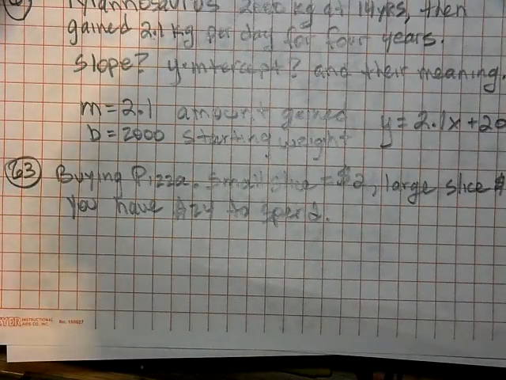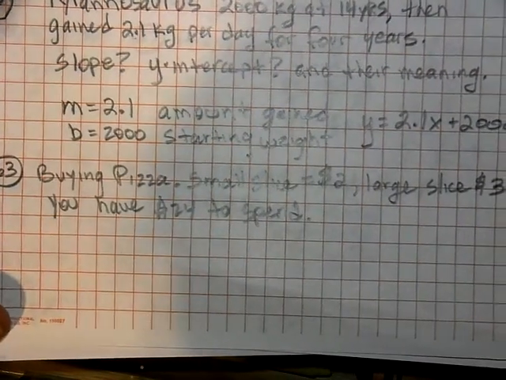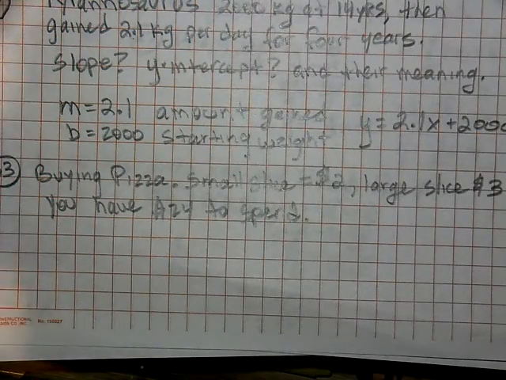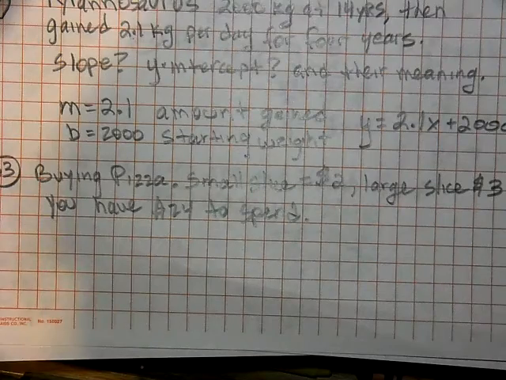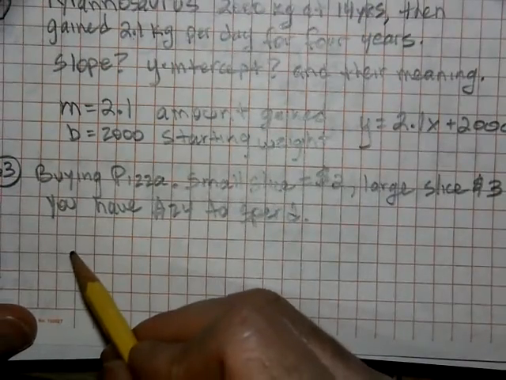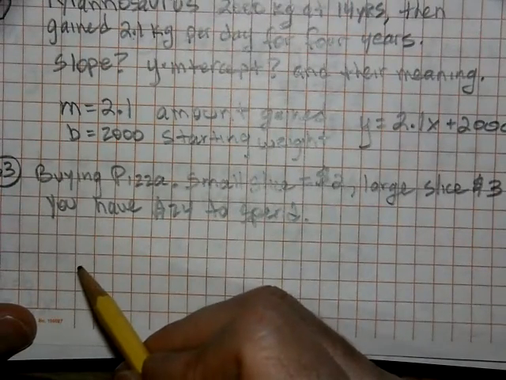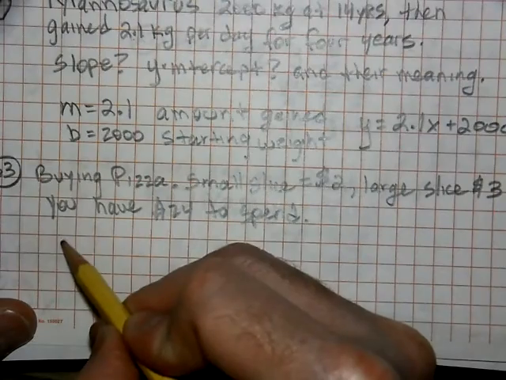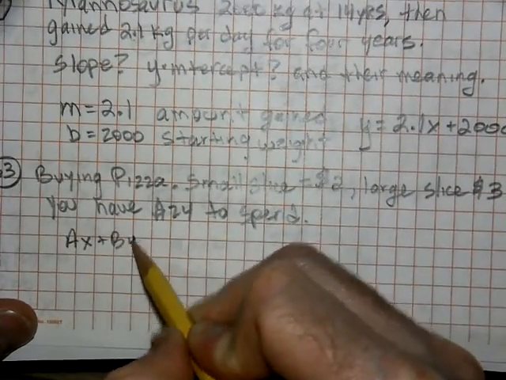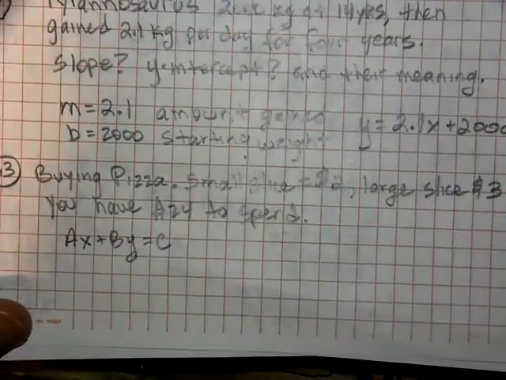For number 63, we're going to buy pizza. We're going to buy some small slices at $2 a piece and some large slices at $3 a piece. You have $24 to spend. What would the equation look like? When we talk about writing an equation, we often use a standard form, which is ax plus by equals c.